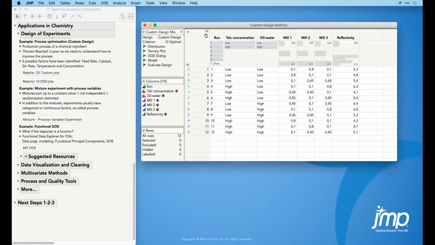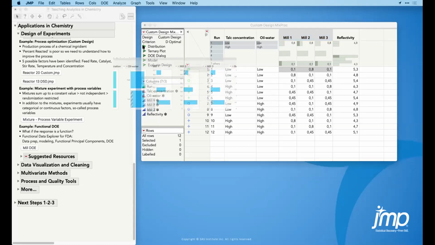Here we see the distributions again, and we have these 3 mixture factors which always sum up to 100%: 10% on the first run, 10% plus 80% plus 10%, 100%.